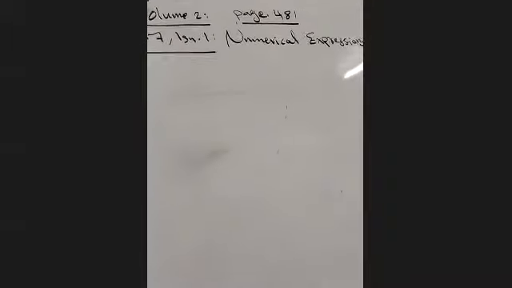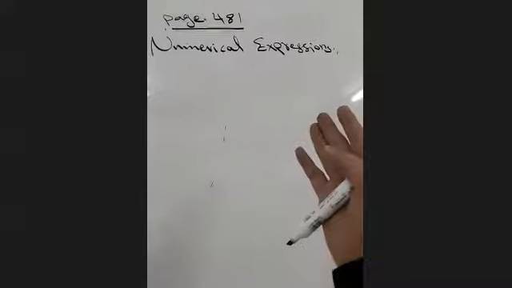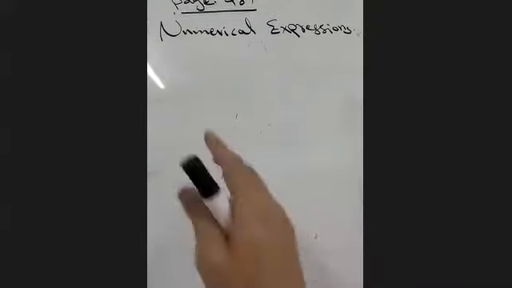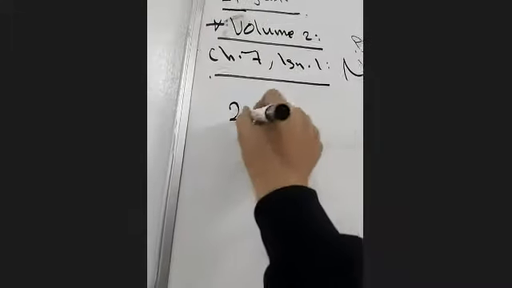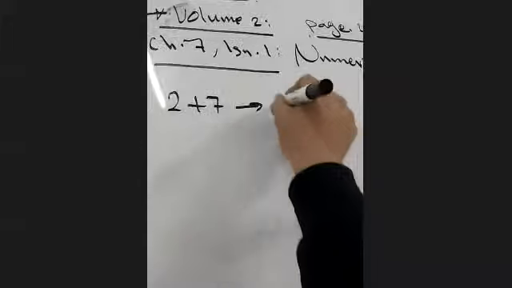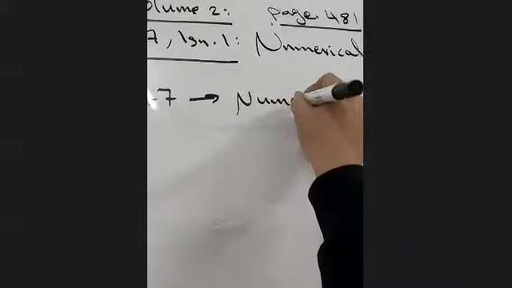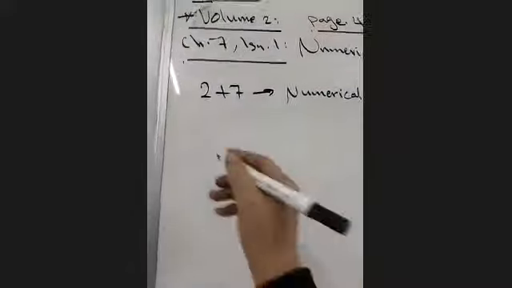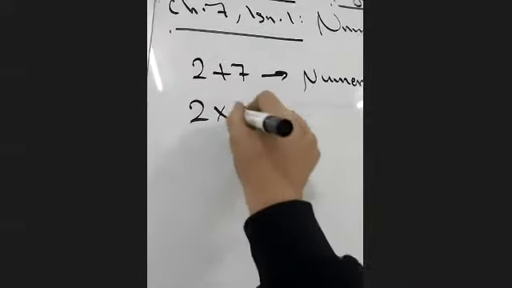Now, let's start with the concept of numerical expression. Numerical expression means mathematical sentence or mathematical expression, but all are numbers. Like, for example, 2 plus 7. This we call a numerical expression. Like, for example, 2 multiply 8 plus 5.